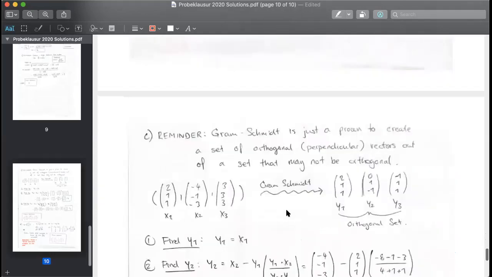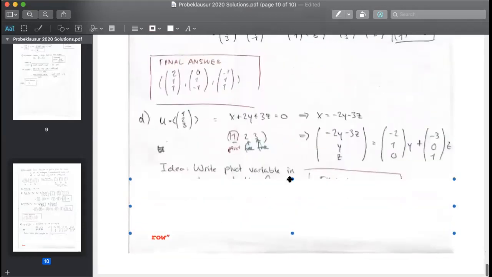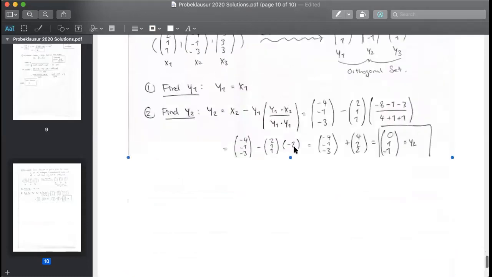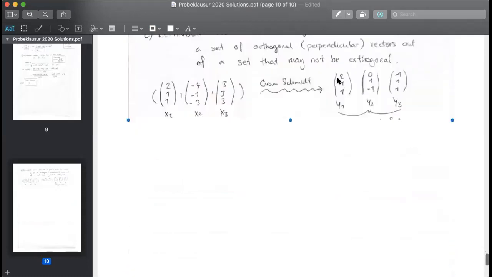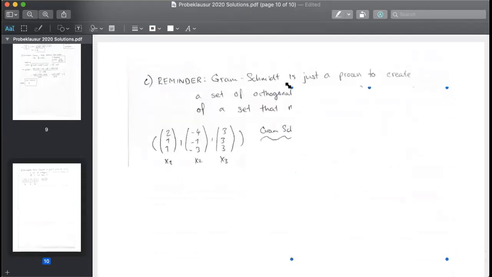Next part. They give us a set of vectors, x1, x2, x3, and they ask us to apply Gram-Schmidt to these vectors.